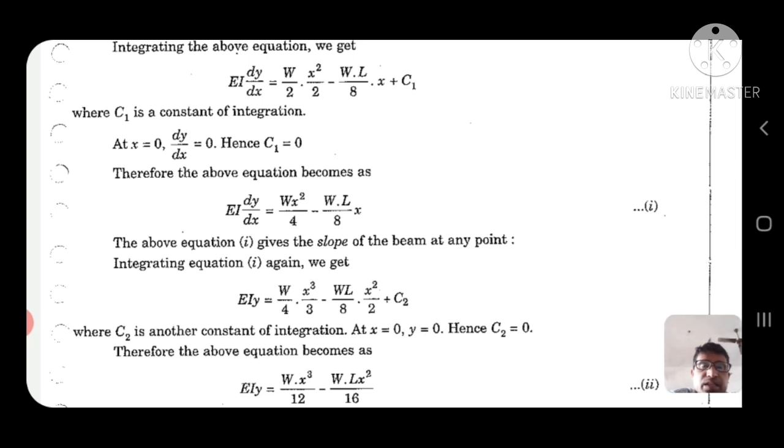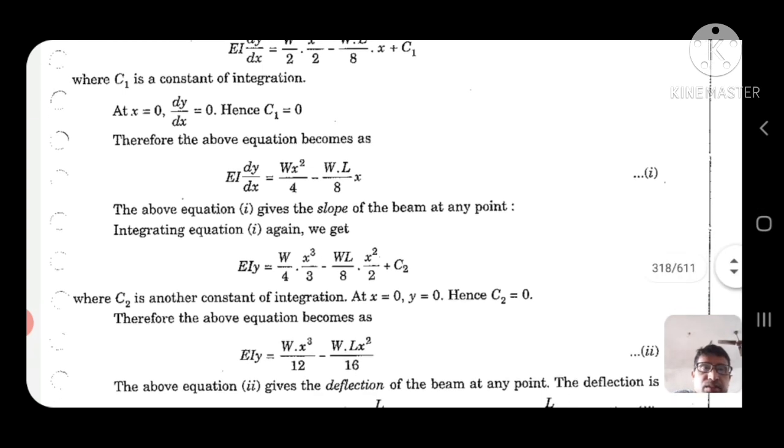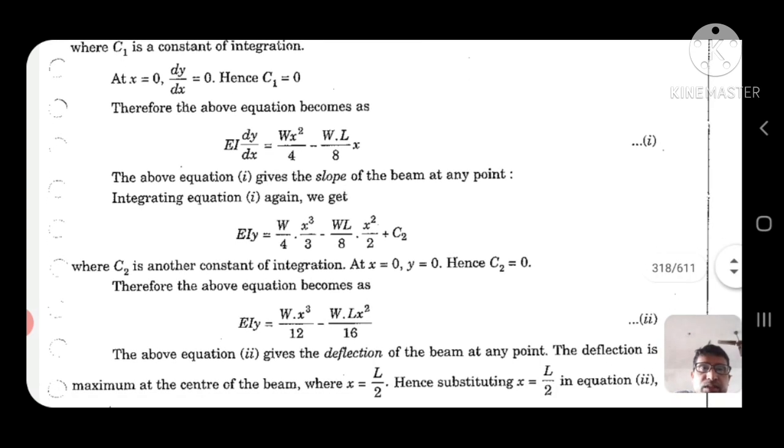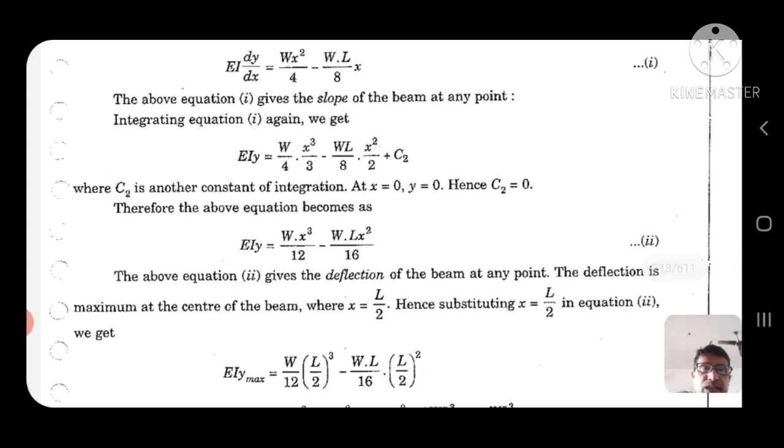Integrating the equation we get EI y equals W by 4 x cube by 3 minus WL by 8 x square by 2 plus C2. Therefore, the above equation becomes EI y equals Wx cube by 12 minus WLx square by 16.